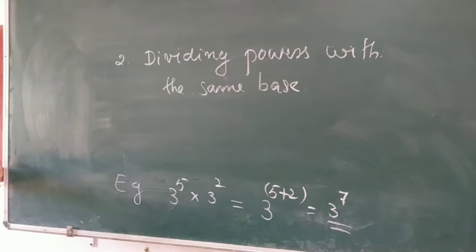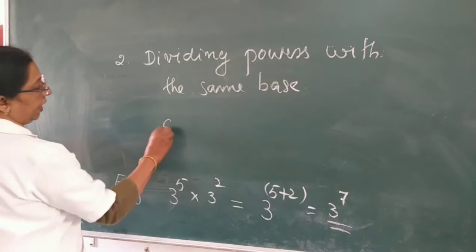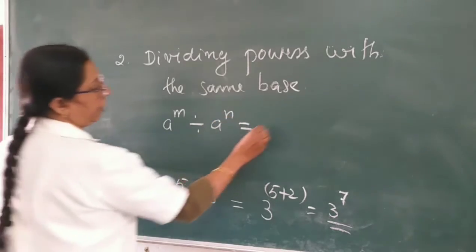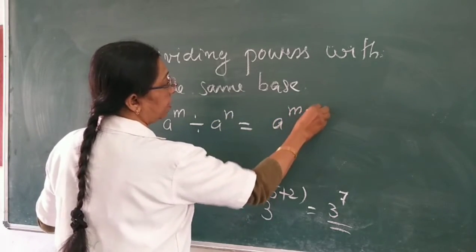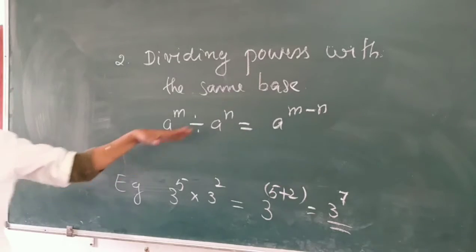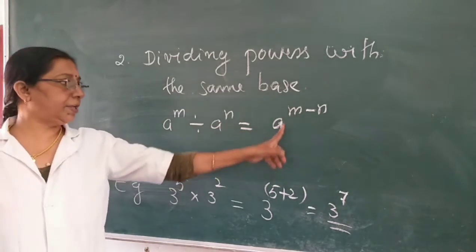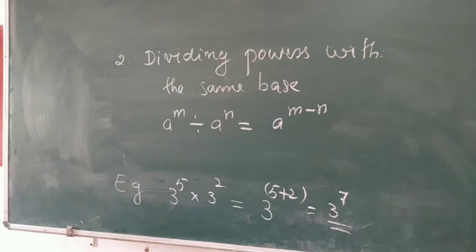First one was multiplication. Here, dividing powers with the same base. That is a raised to m divided by a raised to n is equal to a raised to m minus n. Multiply ചെയ്യുമ്പോൾ പവേഴ്സ് തമ്മിൽ ആഡ് ചെയ്യണം. ഡിവിഷനിലാണെങ്കിൽ മൈനസ് ചെയ്യണം. a raised to m minus n.